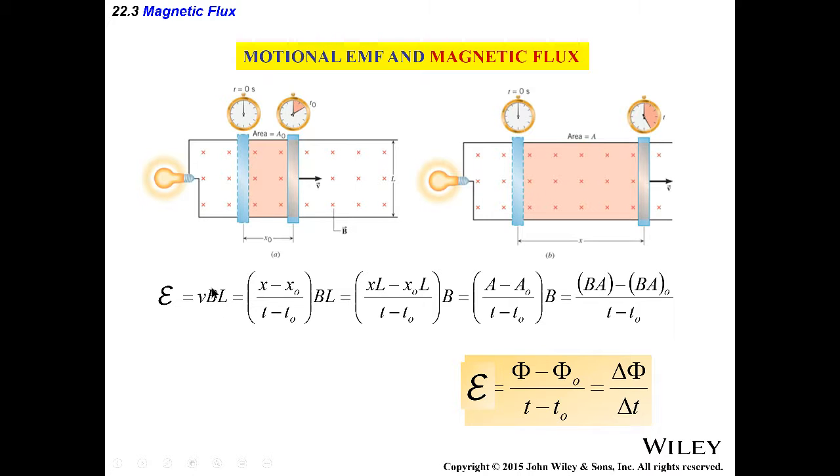But we know that this is moving with a certain velocity, which is, of course, x minus x0, where you were originally and where you are now, over t minus t0, times BL.